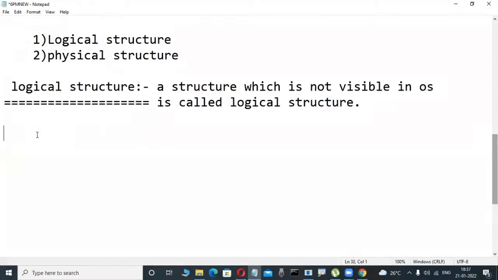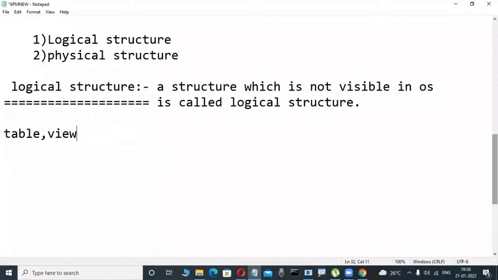But in this logical structure only, developers are working. Suppose I'm a PL/SQL developer, you are a SQL developer, Java developers, .NET developers, Python developers, ETL developers. These all persons are working in a logical structure. That logical structure contains tables in Oracle, and in SQL Server also tables are there. MySQL also has tables.